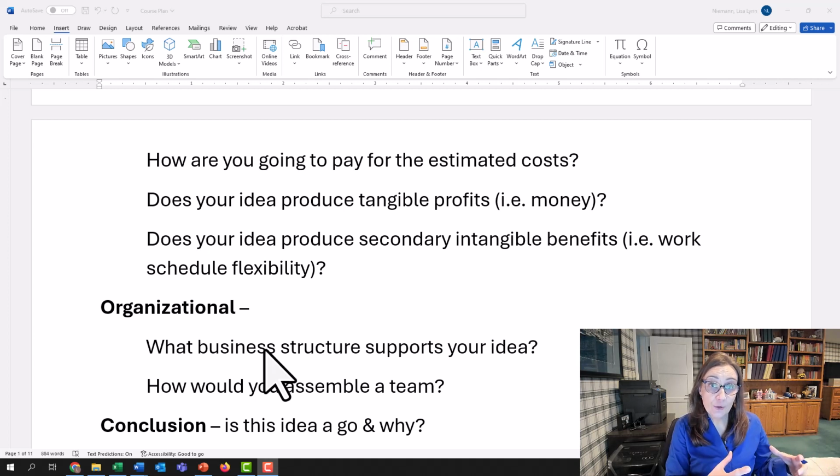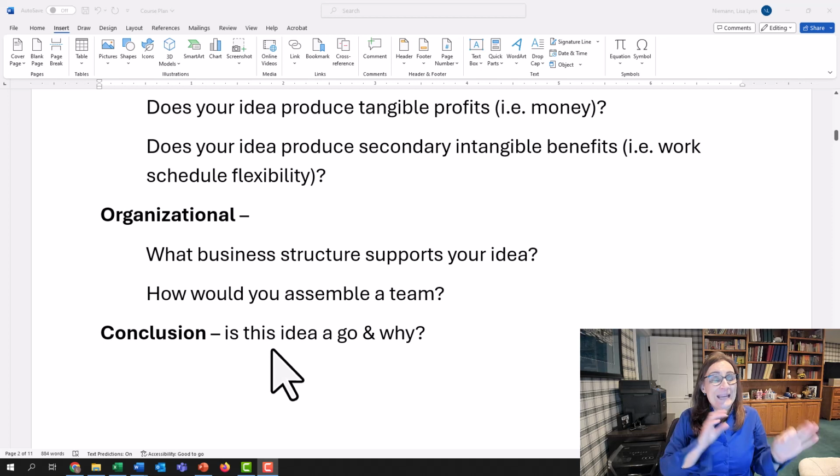Put them all together in your feasibility analysis, and then draw a conclusion. What did all this data tell you? Write your business story and tell me, is this idea a go, or not, and why?